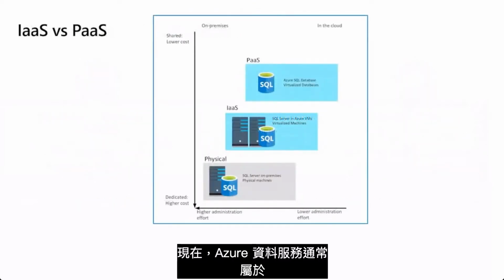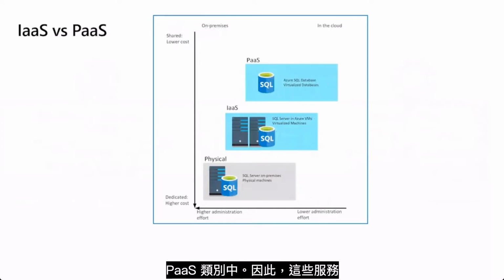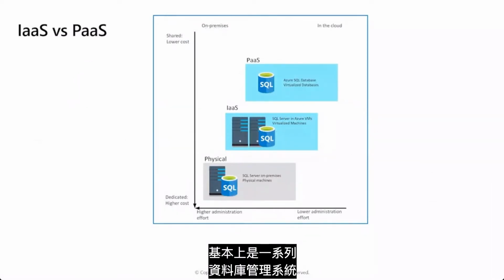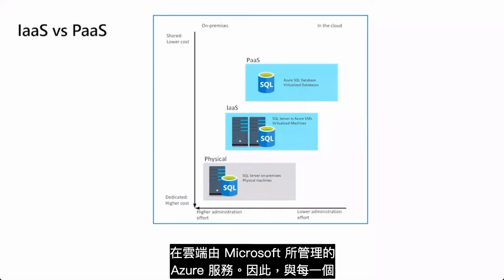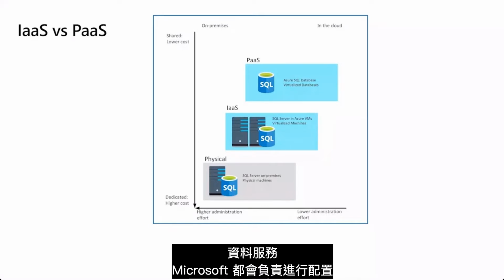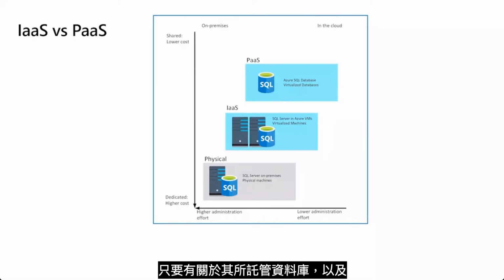Now, Azure Data Services generally fall into the PaaS category. So these services are essentially a series of database management systems managed by Microsoft in the cloud in Azure. So with each of these data services, Microsoft takes care of the configuration, the day-to-day management, software updates, and security of the databases that it hosts, as well as all the other administrative tasks.